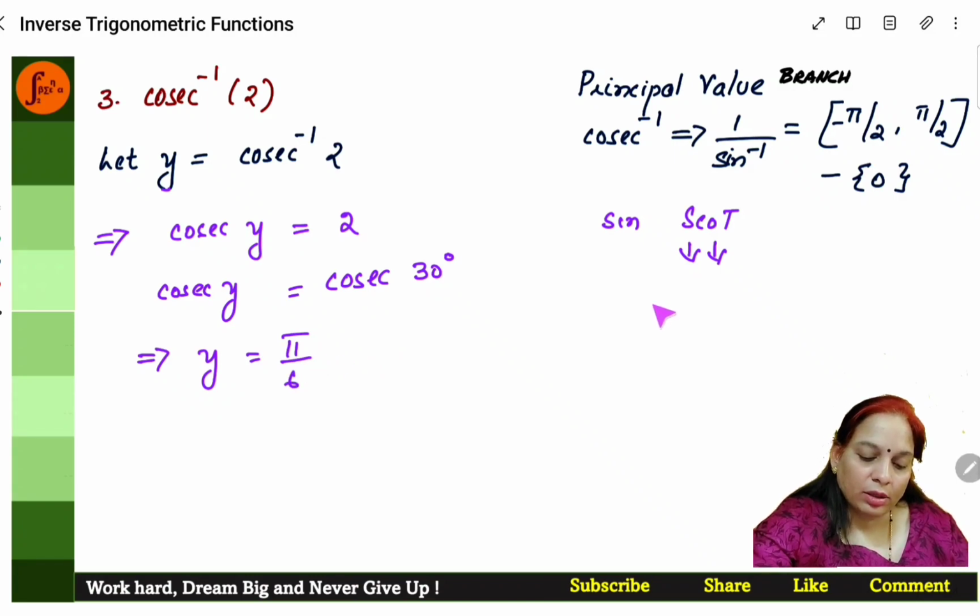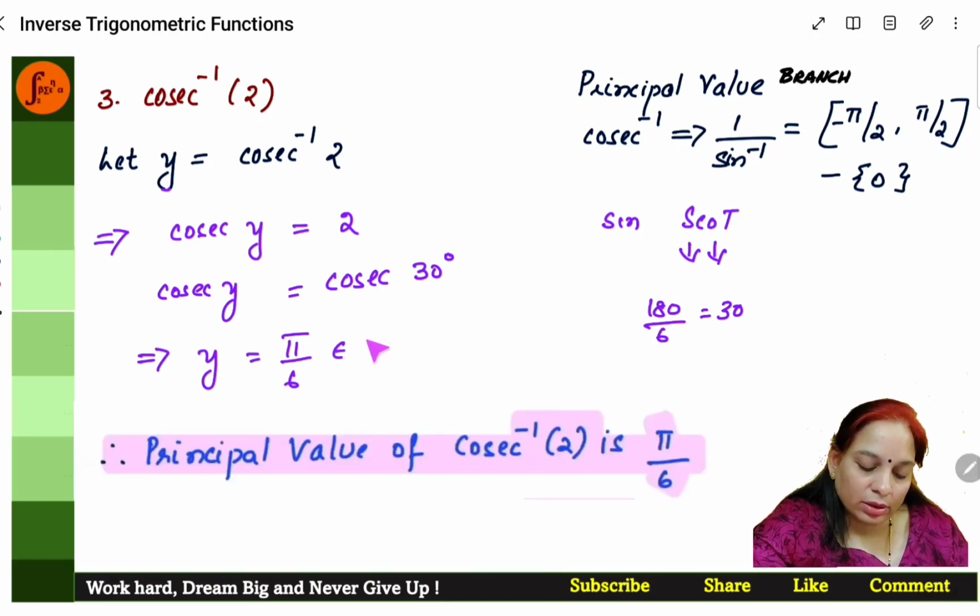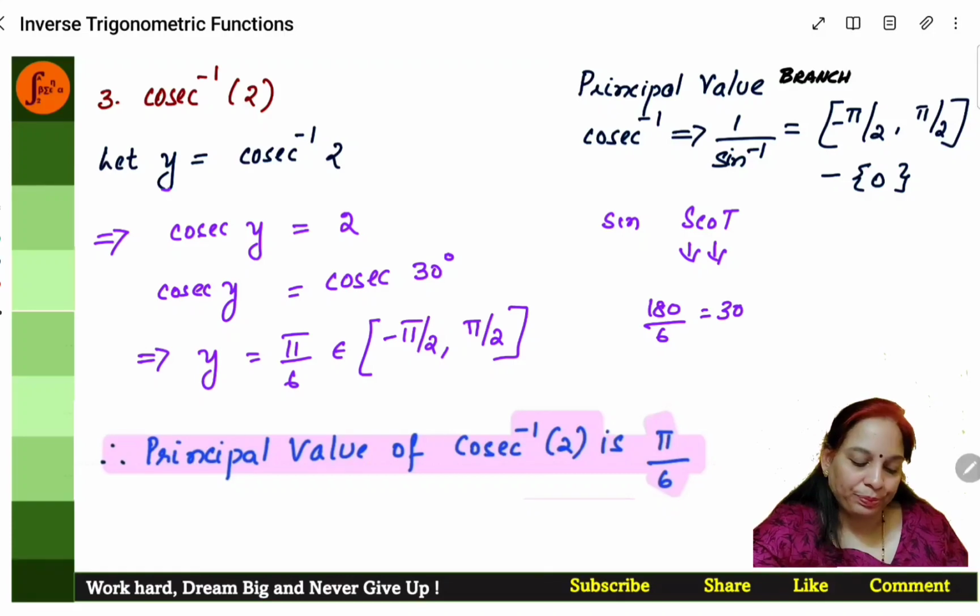Pi by 6 is 180 by 6, which is 30 degrees. And we'll have to check if pi by 6 is falling within this range. It is falling within this range. This belongs to minus pi by 2 to pi by 2. Therefore, principal value of cosec inverse 2 is pi by 6.